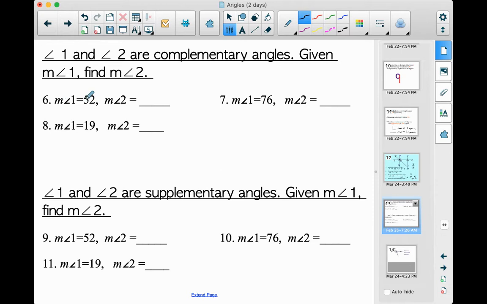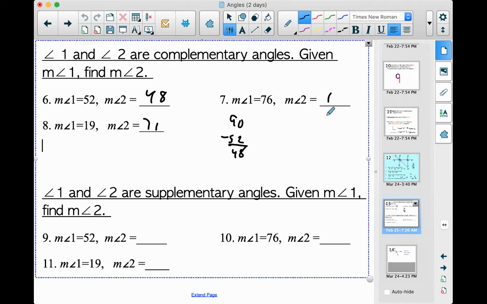So if one angle is 52, if I take that away from 90, I get 48. So those two would be complementary. If this one's 19, I subtract that from 90, gives me 71. If these two are complementary, subtract this from 90, I get 14.